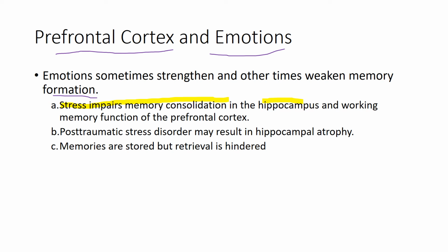For instance, people with post-traumatic stress disorder have a decrease in the hippocampus, where that region actually starts to die off. There's an interesting story that came out maybe a year or two ago on people who had been at the World Trade Center on 9/11.